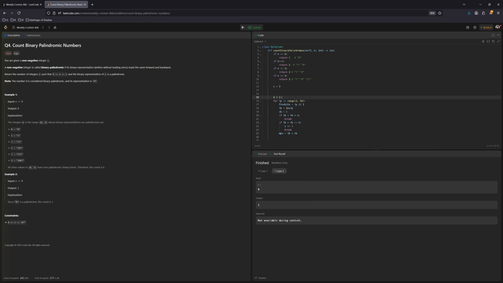There would be one free bit. LP divided by 2, 3. There would still be one free bit. But then when you get to 4, there'd be 2 free bits. One of them's a center, yes, but it's still 2 free bits.